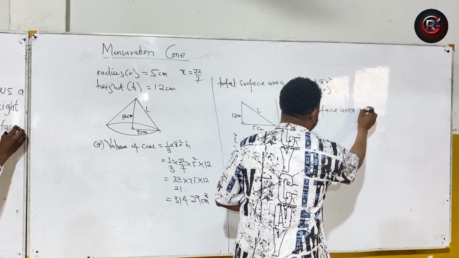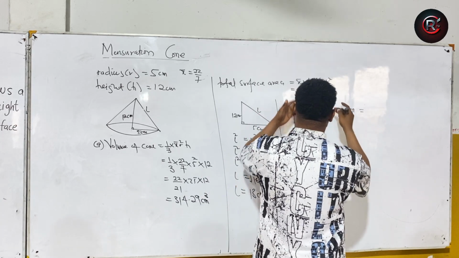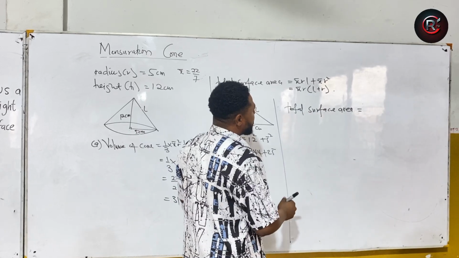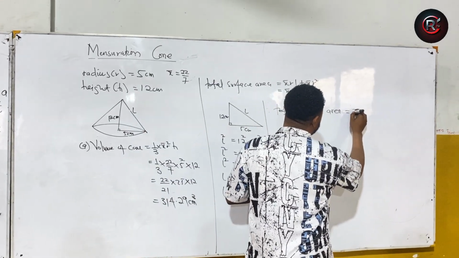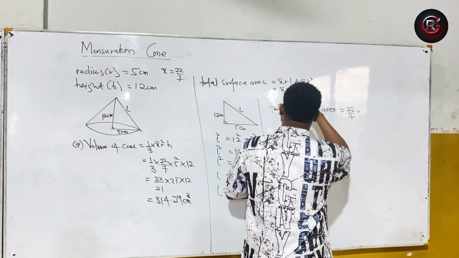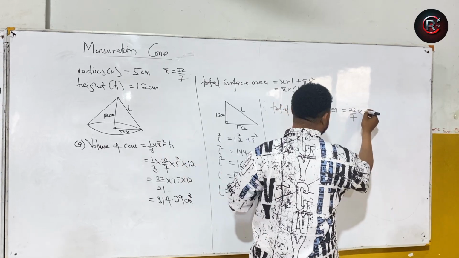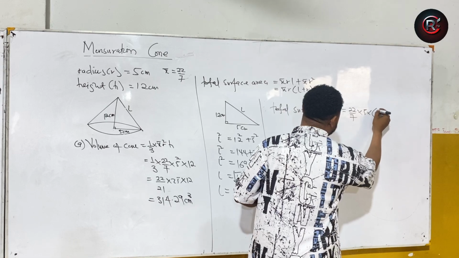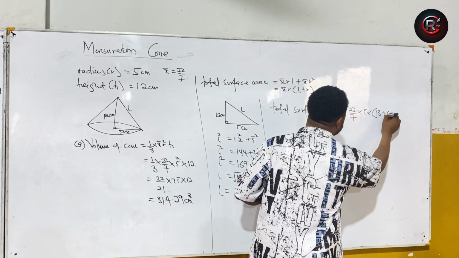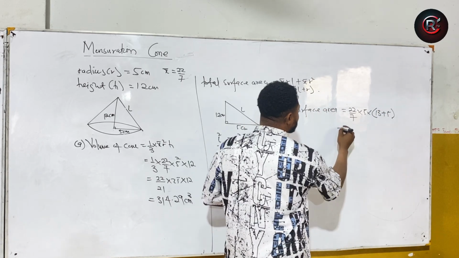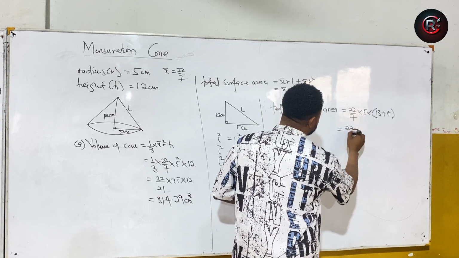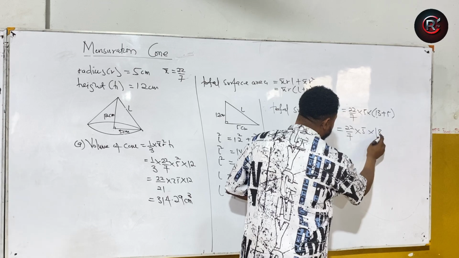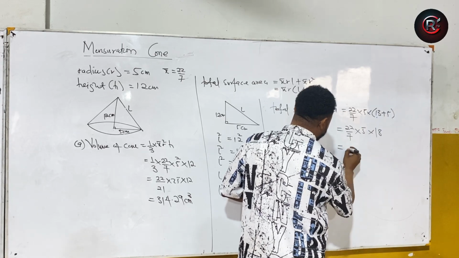Total surface area. Now, we know our formula to be pi r multiplying L plus small r. So we have our pi 22/7 times our radius given as 5, multiplying our L, which is 13, plus our r, 5. So we are going to have 22/7 times 5 times 18, that is when we add 13 plus 5.